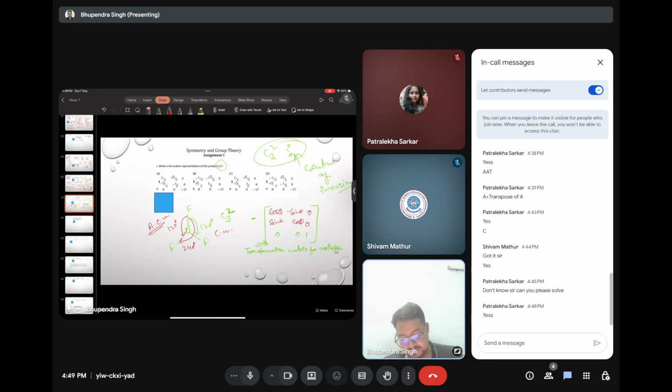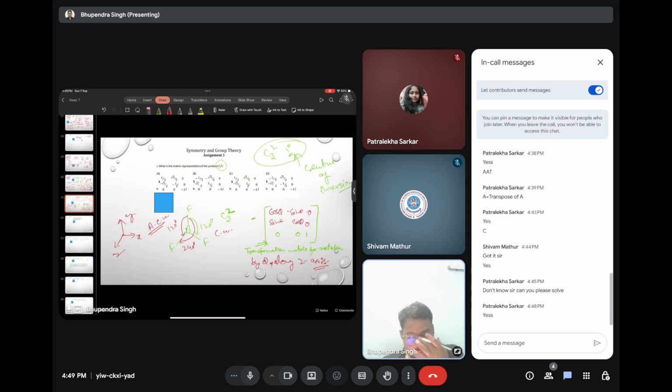Now the transformation for rotation by angle theta along the z axis. I have also taken it like this. These are your axes x, y and z.